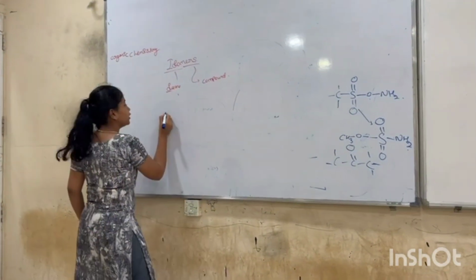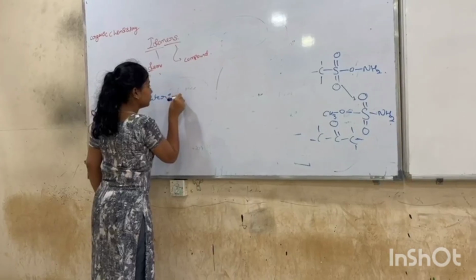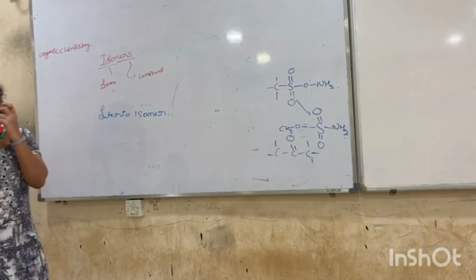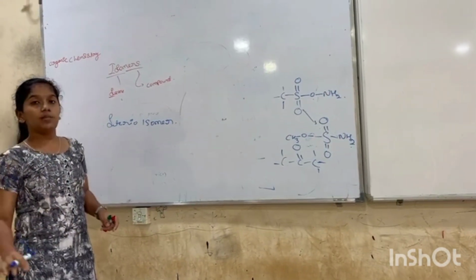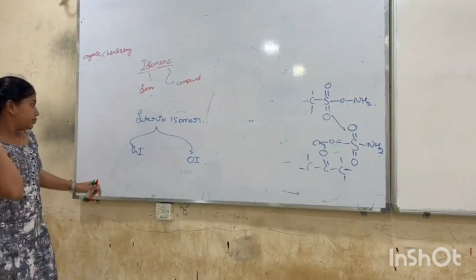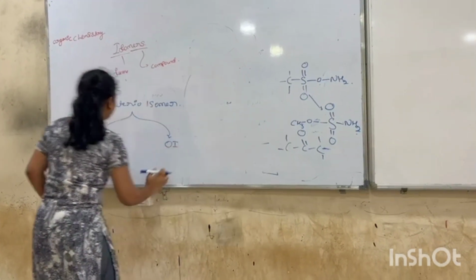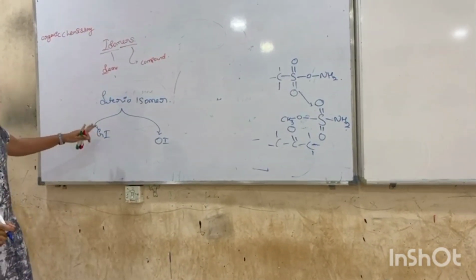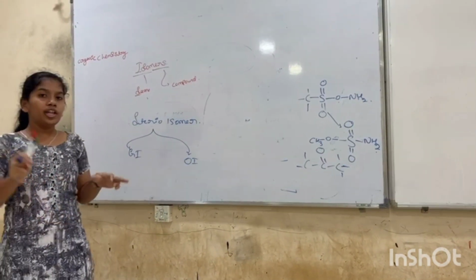Next one is stereoisomer. In case of stereoisomer, there are two types. One is geometrical isomer, another one is optical isomer. In case of stereoisomer, the structural formula is the same, the molecular formula is the same.